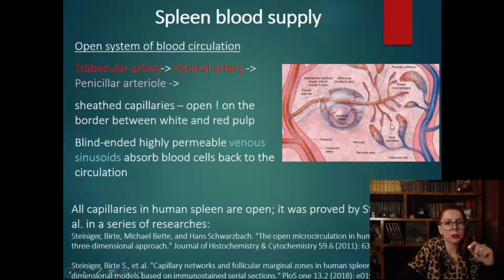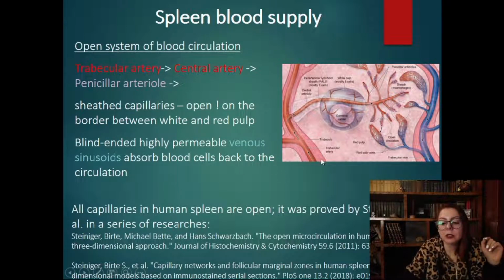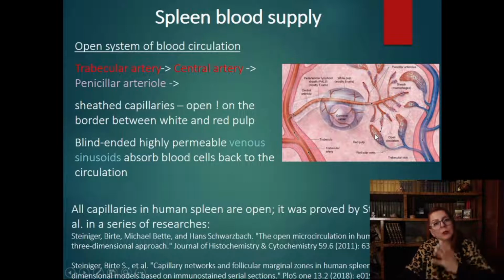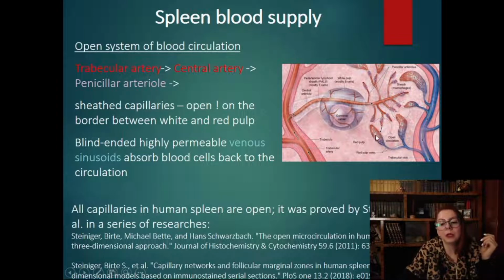system of blood circulation. Open system means that blood enters the organ through opened capillaries and then is absorbed or returned back to veins through blind-ended veins, which are called sinusoids.